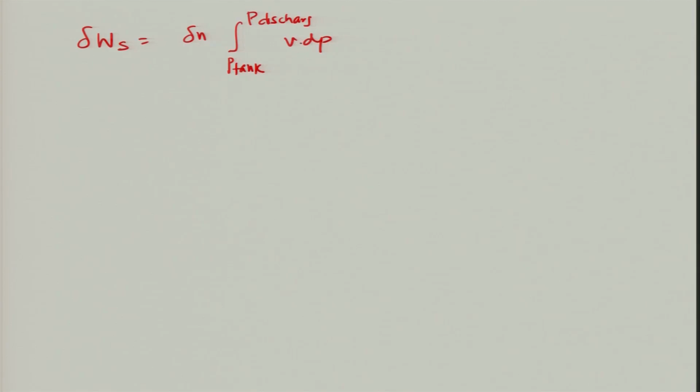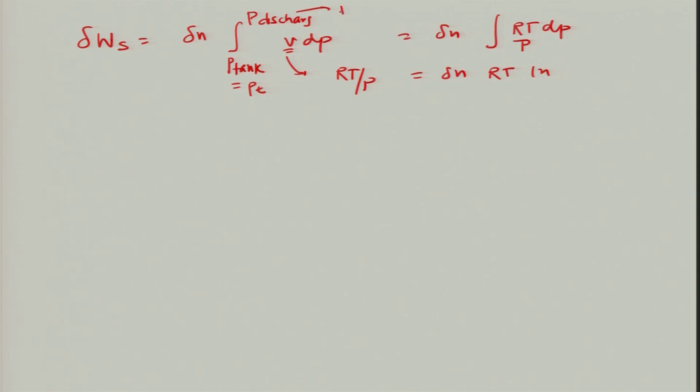Now, this is an ideal gas, so I can write this as RT by P. If I say this is P_T and this is P_D, then this is going to be P_D by P_T.